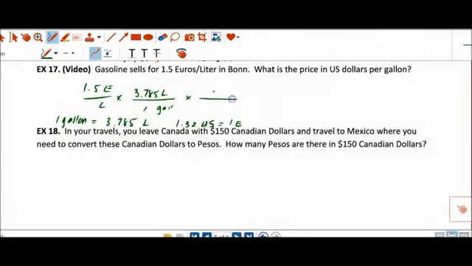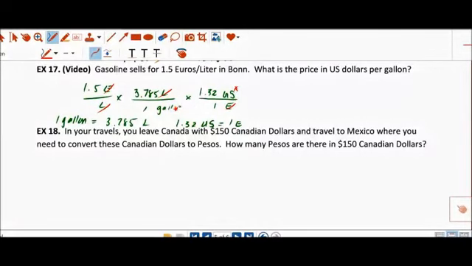And now euros to US dollars, I'm going to want euros at the bottom to cross cancel, US dollars at the top. And on the US part, I'm going to write 1.32, and on the euro, I'm going to write 1. So with those 2 conversion factors in place, I can cancel out my euros, I can cancel out my liters, and I'm left with US dollars per gallon.